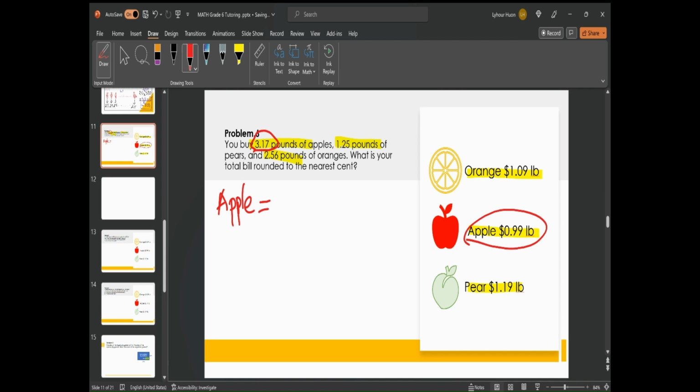So to know the cost of 3.17 pounds, we multiply. Yes, multiply, correct. So 0.99 times 3.17.